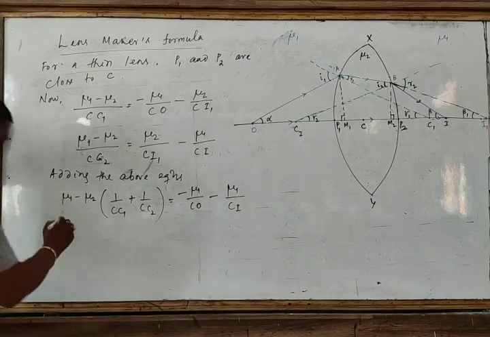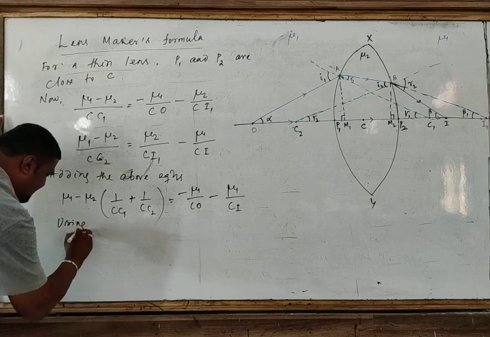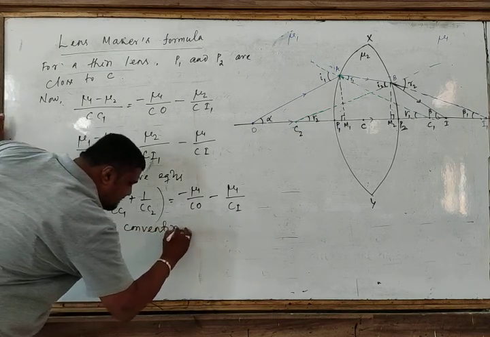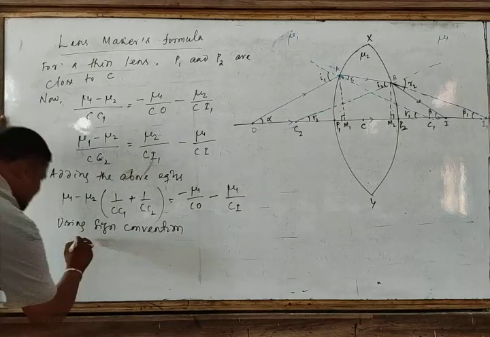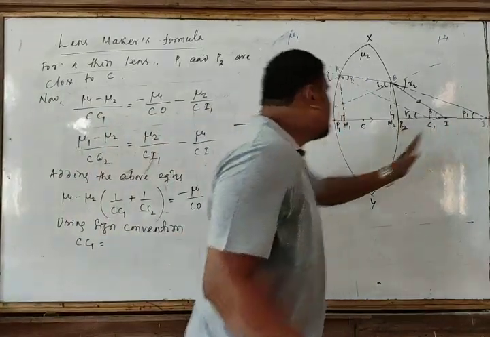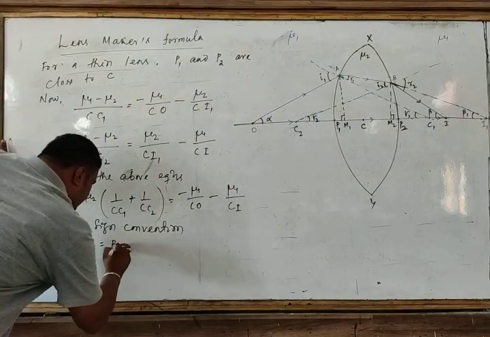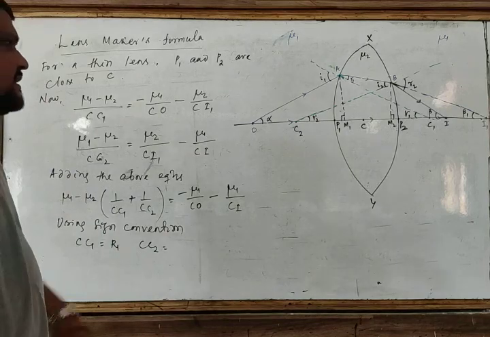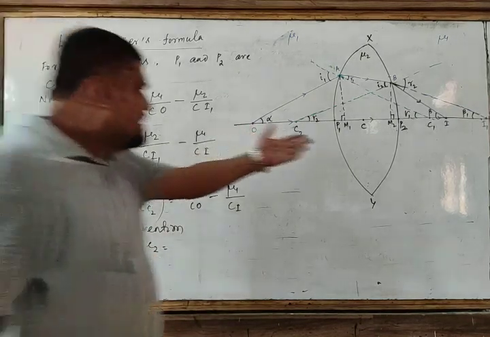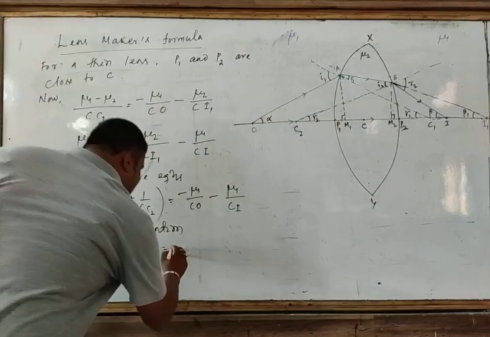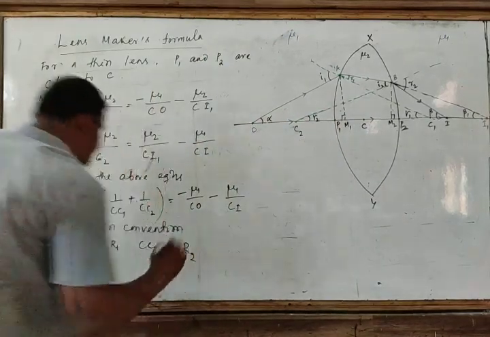That is the most important: using the sign convention. CC1 is along the direction of the incident light, R1. CC2 means P2C2, the radius of curvature for this surface, is opposite, so I will take this as minus R2.